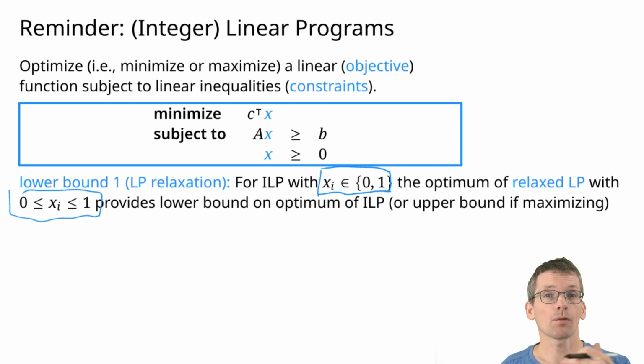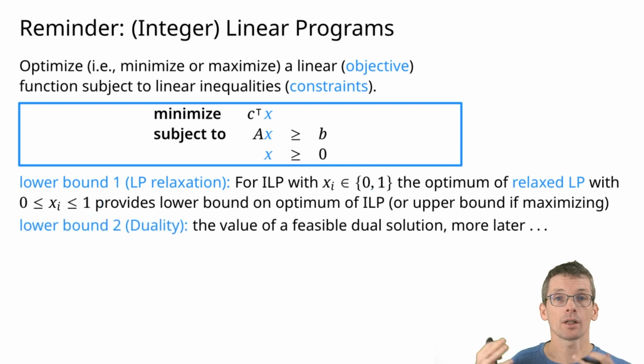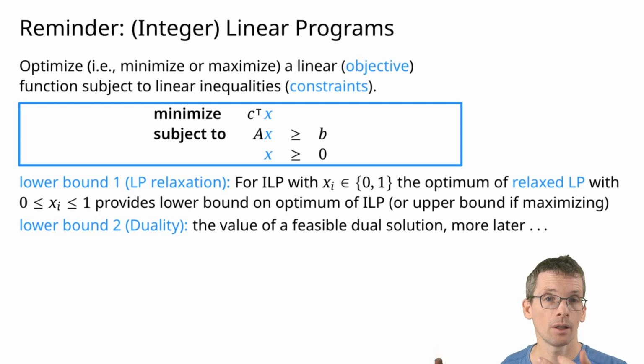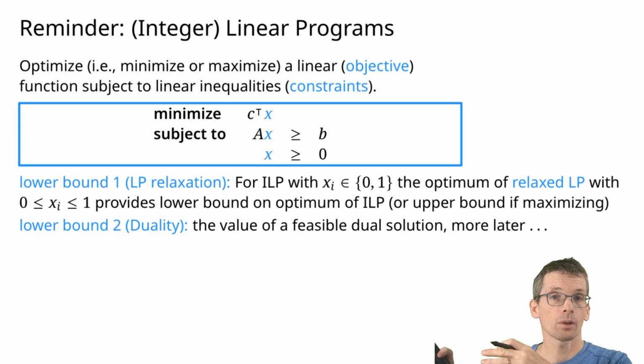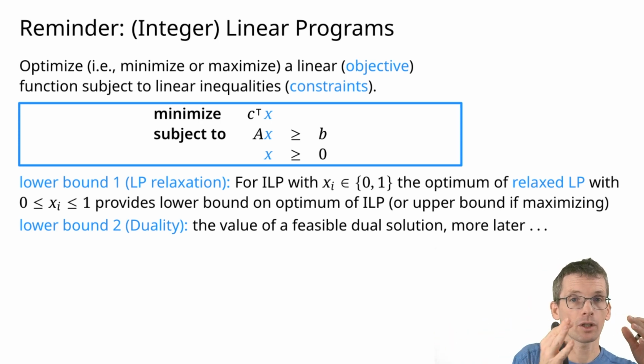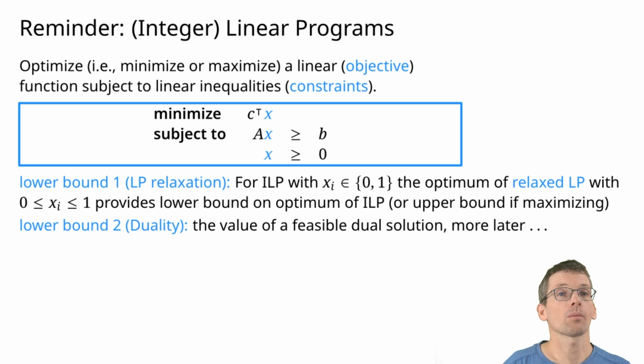The other type of lower bound that we get from linear programming is by duality. So if I have a linear program, let's say the relaxed linear program for our integer linear program, and then I take the dual linear program, then if I initially had a minimization problem, then now I have a maximization problem, and any feasible solution to that gives me a lower bound for my original problem.